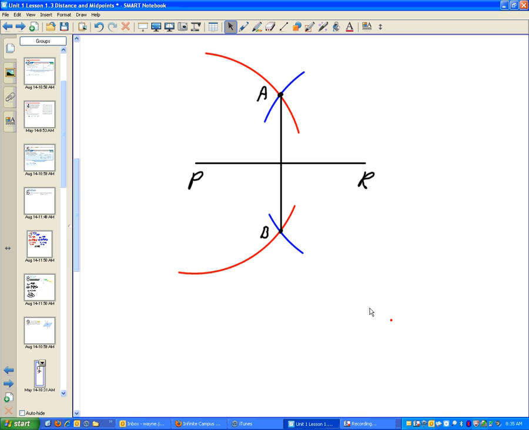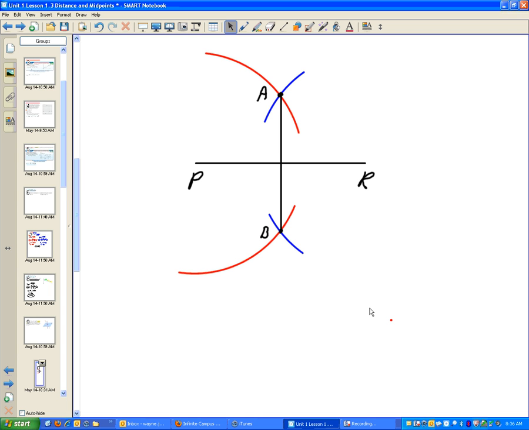Now, this construction's probably the most important one we'll do all year because it's actually three constructions in one. Okay? We learned this as the construction of a segment bisector. Later on, we'll learn how to construct perpendicular lines. Guess what? Segment AB and segment PR are perpendicular to each other.